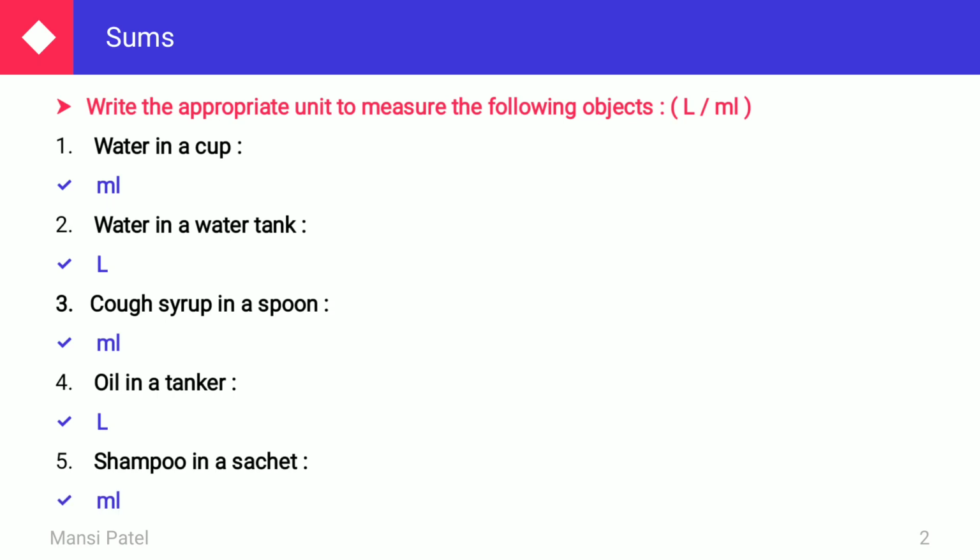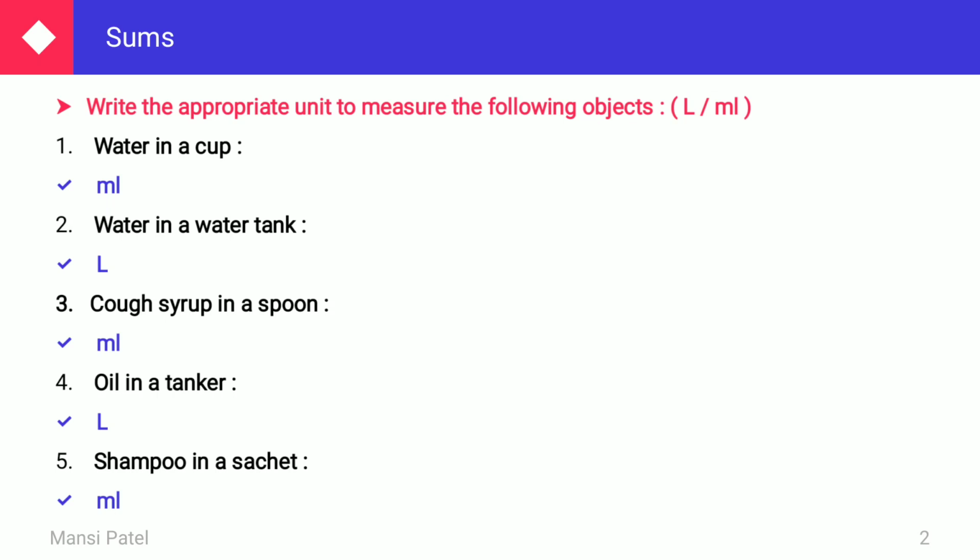So if we want to measure shampoo in a sachet, we have to use milliliter. Now you all understand that the things which are big, which occupy more quantity of anything, we use liter, and the things which occupy less quantity, we use milliliter.